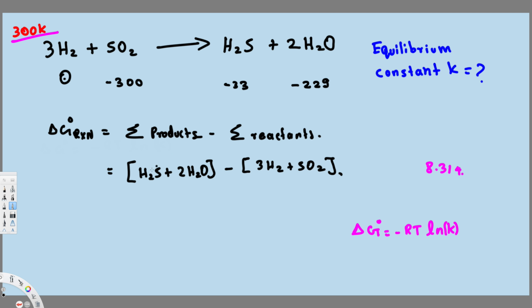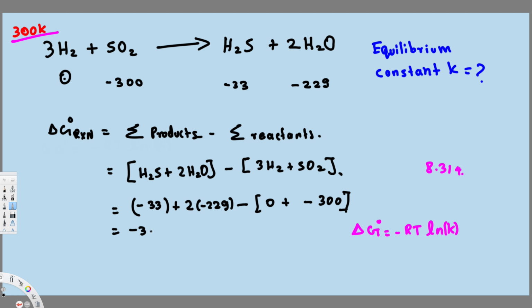Let's go ahead and plug in the values. First we have H2S, that is negative 33, plus 2H2O, this is going to be 2 times negative 229, minus, then we have 3H2, that is 0, plus SO2, that is negative 300, right? Let's simplify this one.